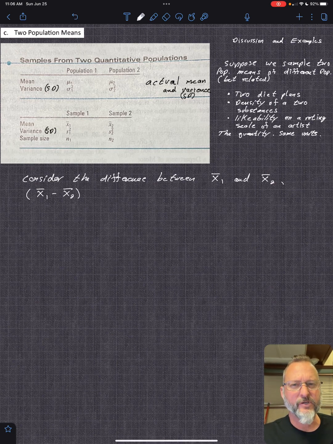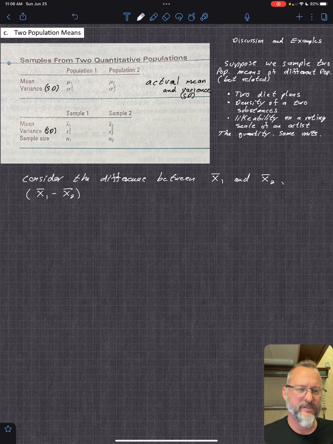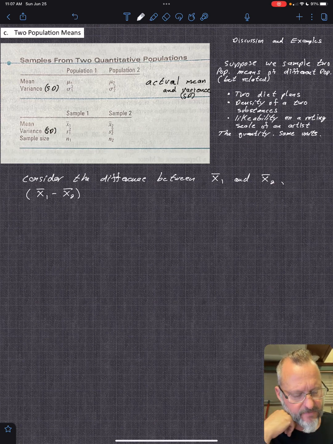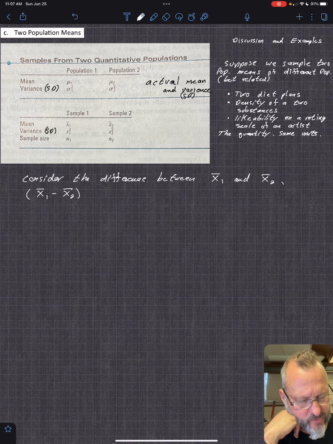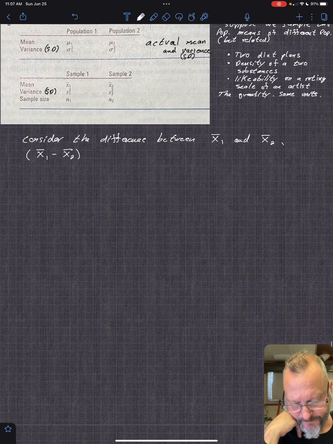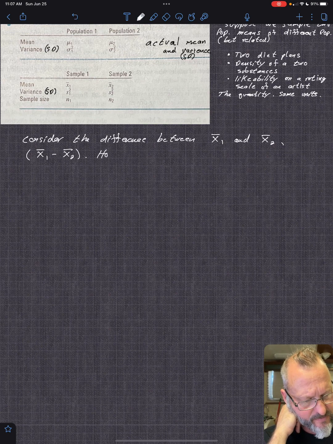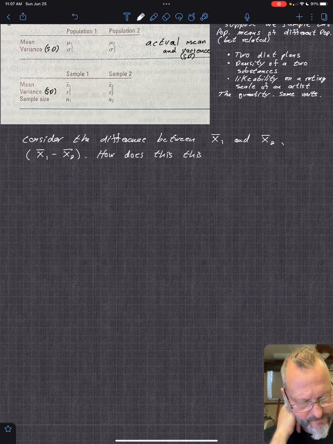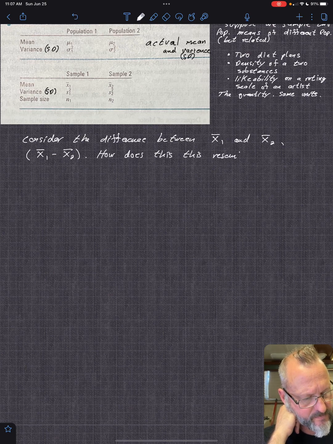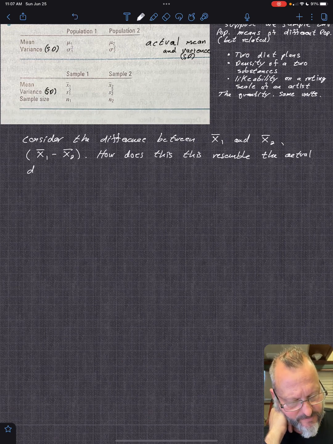And we're really not concerned which one's first, which one's second. You're just going to look at, is it within that interval type of thing. So we're still looking at interval. We'll create an interval of the difference. So the question is, how does this resemble the actual difference?